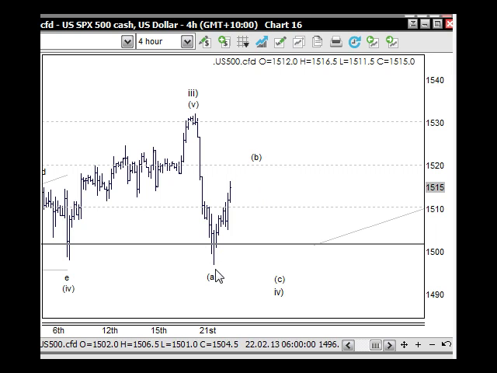Kind of expect a complicated correction here, because in the guidelines in Elliott, there's a guideline of alternation, as you know, in waves 2 and wave 4. If wave 2 is simple, then wave 4 will be complex. That's the same in corrections as well. So if the A wave down here is simple, then it's best to expect the B wave to be complex, and then the C wave will be simple or more complex.